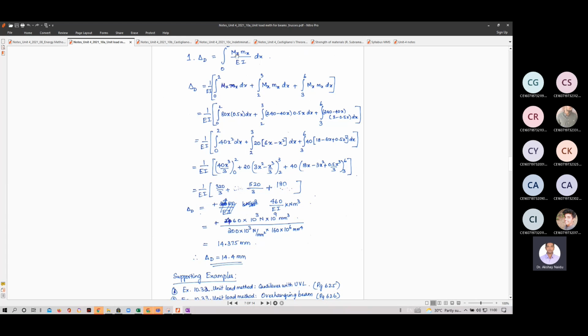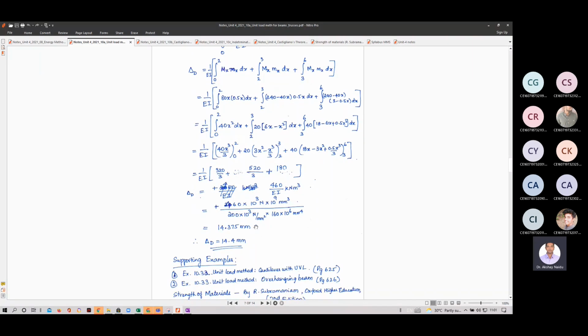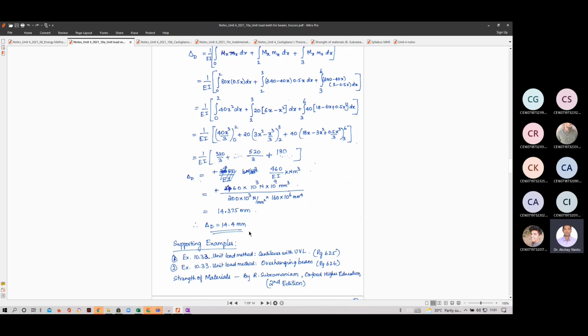On the right hand side, it is kilonewton square meter square. So this 1 kilonewton divides one of the kilonewtons here. So you will get kilonewton meter square integration. After integration, you will get kilonewton meter cube. So remember this and find delta.